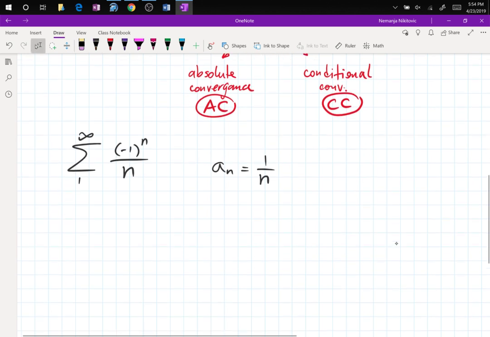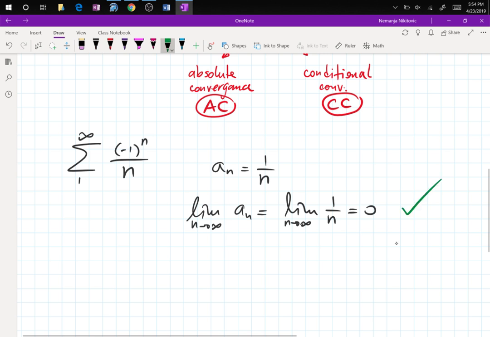So, the limit of a_n, which is the limit of 1 over n, is equal to 0 as n goes to infinity. So that condition checks out. The next condition is that it should be decreasing. Is it decreasing? Of course it is.